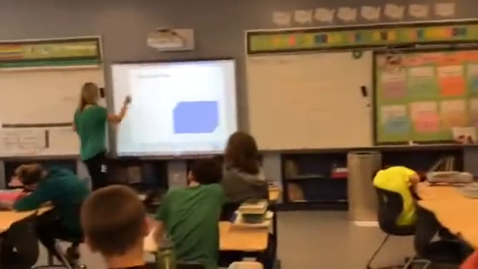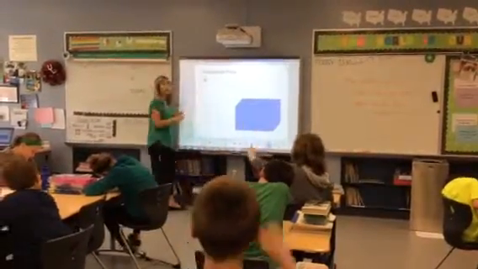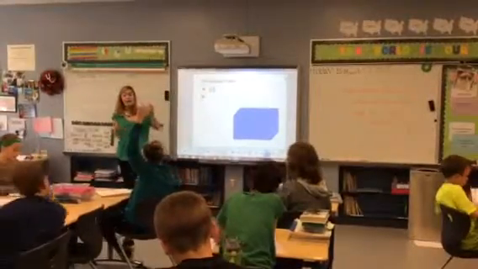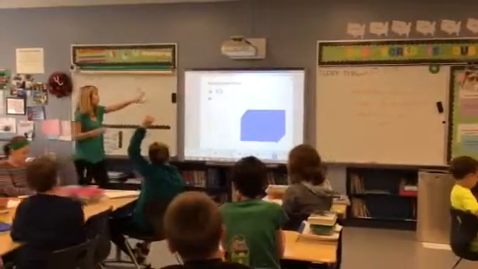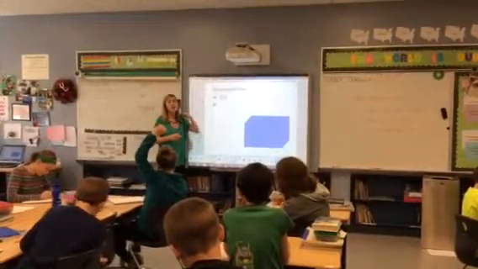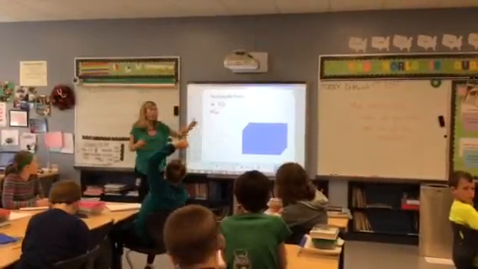What can I write as a good definition of a rectangular prism? Cece? 3D shape. 3D, excellent. If you don't have this already written, write any new information. What else? Julia, what can I add to that? A 6-sided 3D parallelogram. Good, I'm glad you said that. It is 6-sided and a 3D shape.